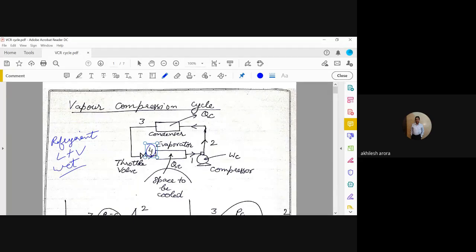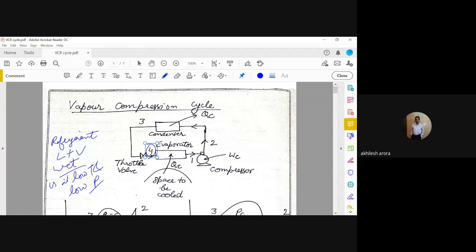This wet refrigerant is at very low temperature and low pressure. The dryness fraction may be around 0.1 or 0.2.